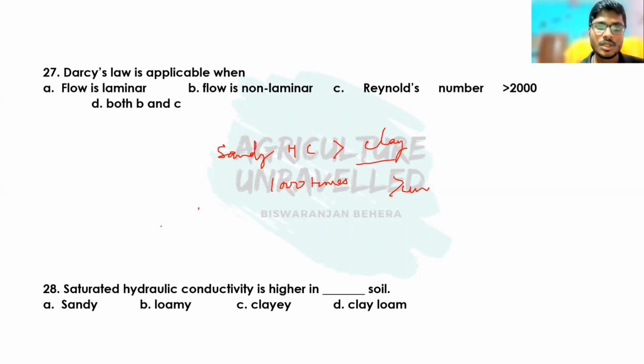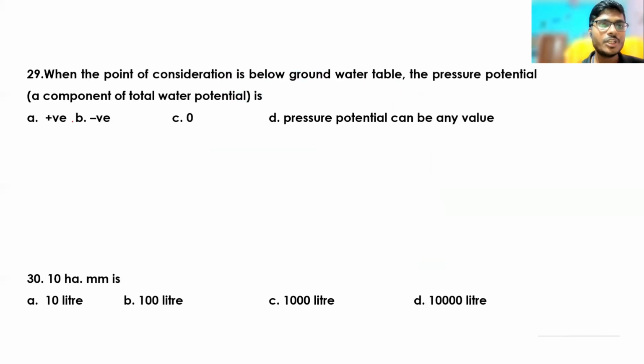Okay. Then coming to the next question: when the point of consideration is below the groundwater table, the pressure potential, that is a component of total water potential, is positive, negative, zero, or can be any value. So this question is from the water potential concept.